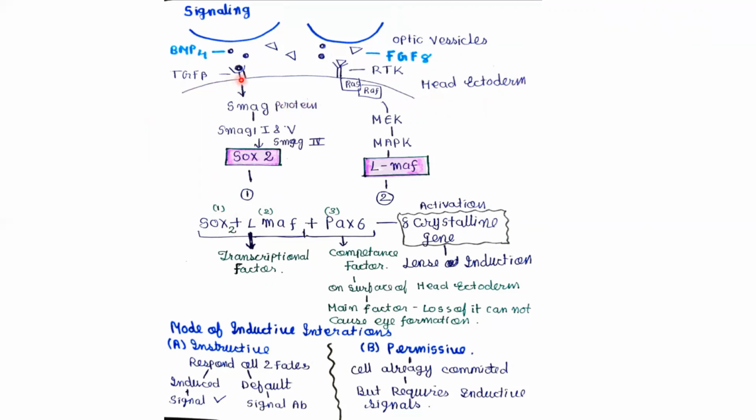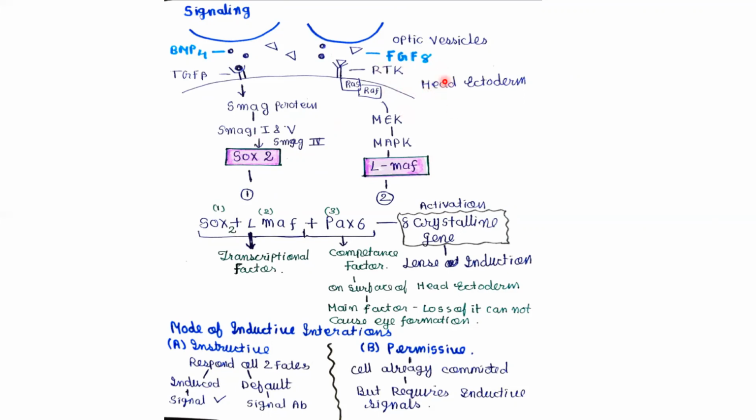BMP4 binds to the TGF beta receptors, and SMAD proteins are activated. These SMAD proteins, namely SMAD1 and SMAD4, together with SMAD5 proteins, activate SOX2.